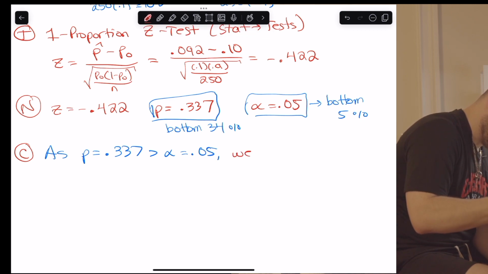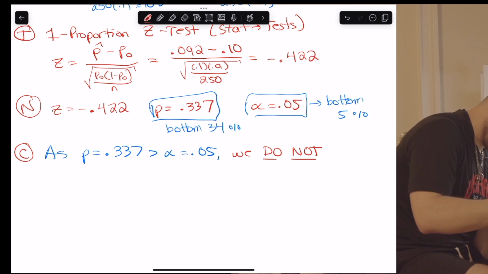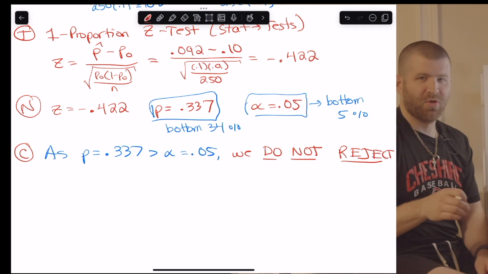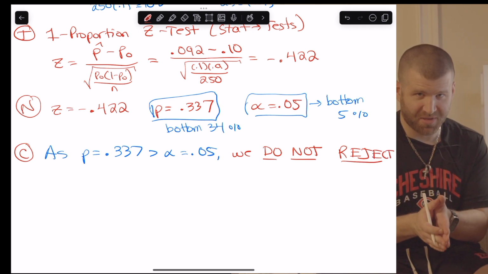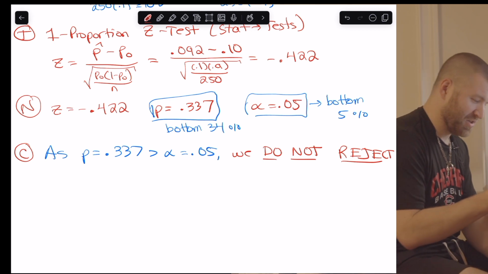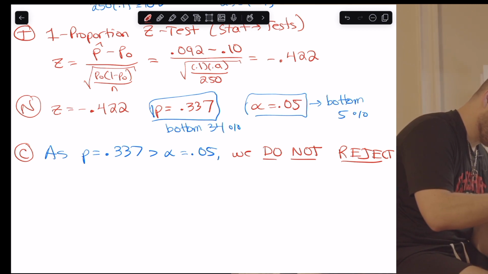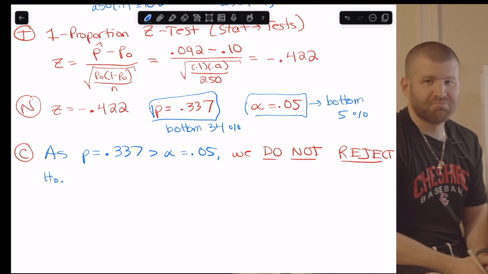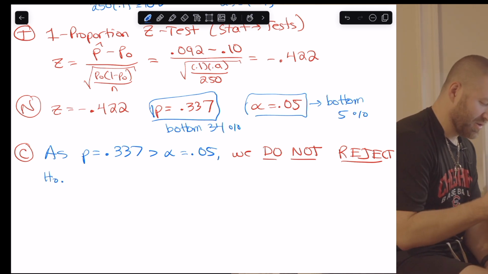We do not reject. We never accept the null hypothesis. We just don't reject it. So we do not reject our null hypothesis. That's it, right? That's the beginning sentence.